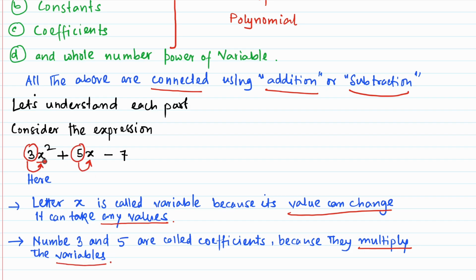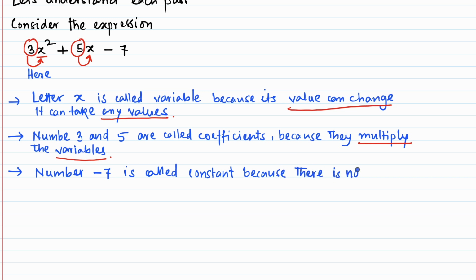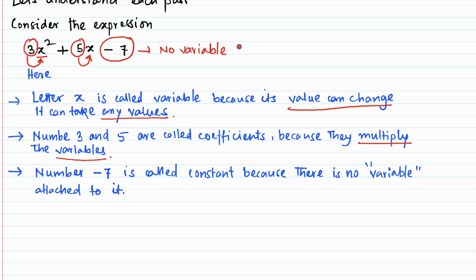And then we see there is a number, minus 7. This is called a constant because there is no variable attached to it.